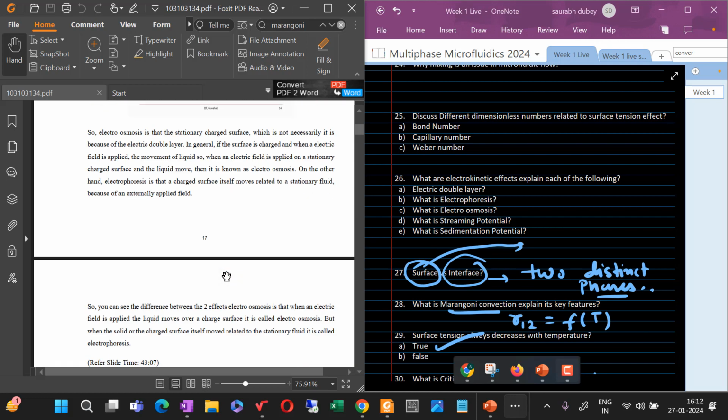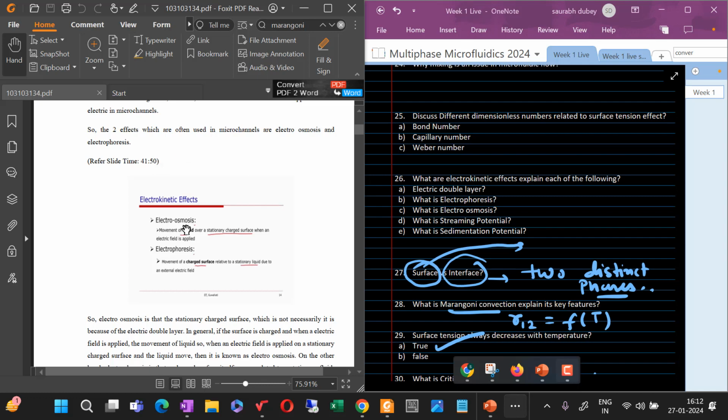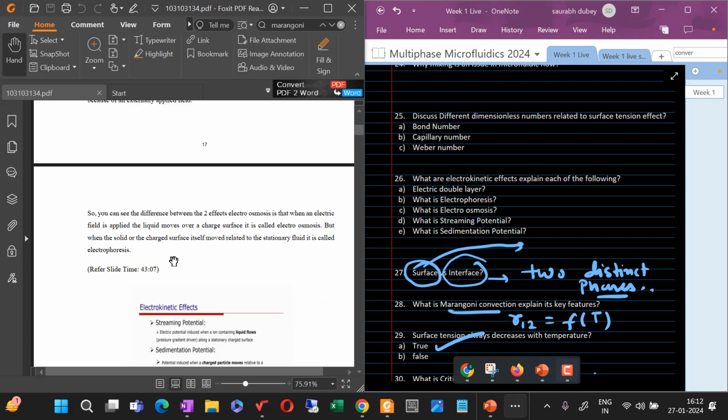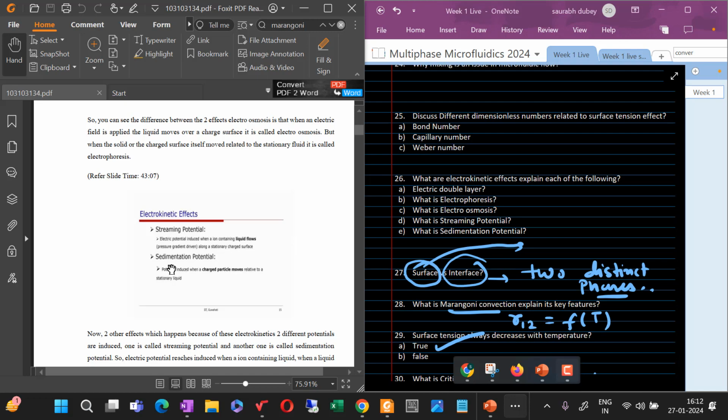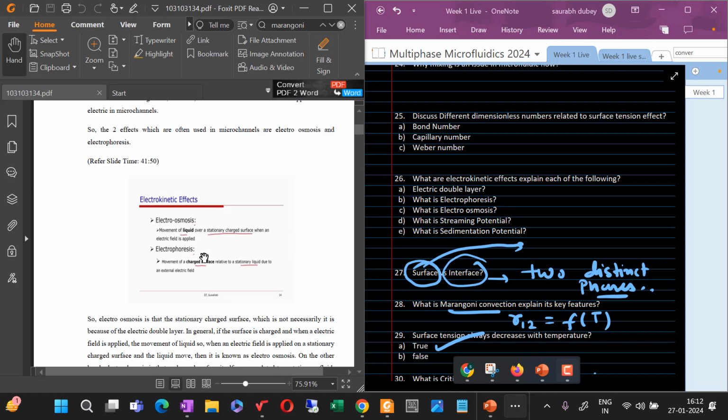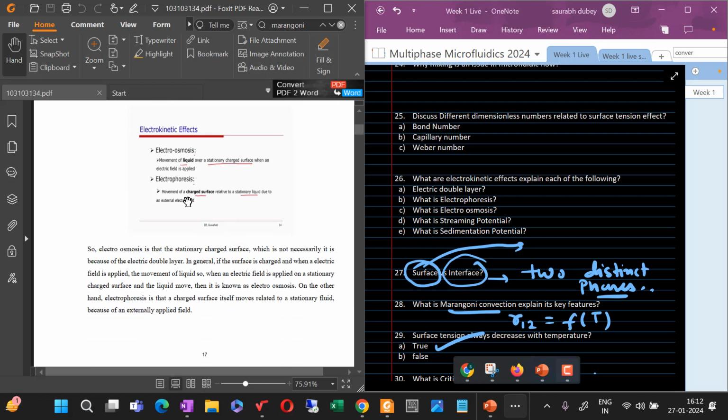In this, you are having electroosmosis, electrophoresis, and then streaming potential and the sedimentation potential. In both electroosmosis and electrophoresis, you are having an applied electric field, and under that, how the stationary surface charge is moving in the liquid, or how the charged surface is related to the stationary liquid.